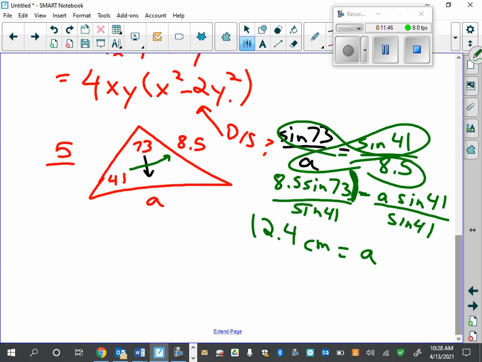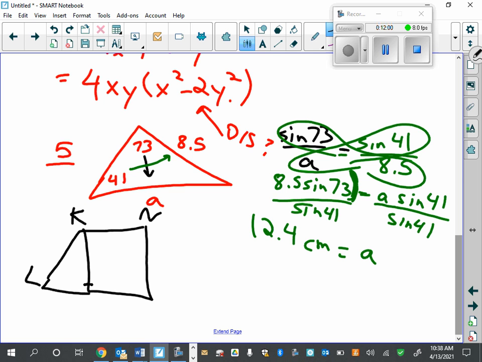All right, podcast people, I'm going to pause because we're going to hand back the trig tests and they can look at them. On one of the test questions, it was find angle LKN. What question was this? 3? Okay, so angle LKN means the angle that's formed when you go from L to K to N. So you can see it's this angle here.